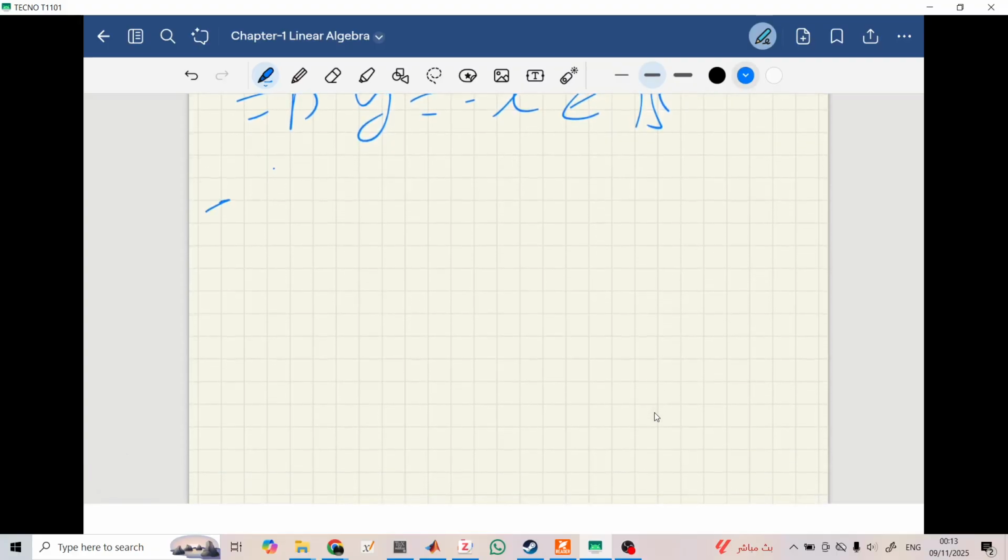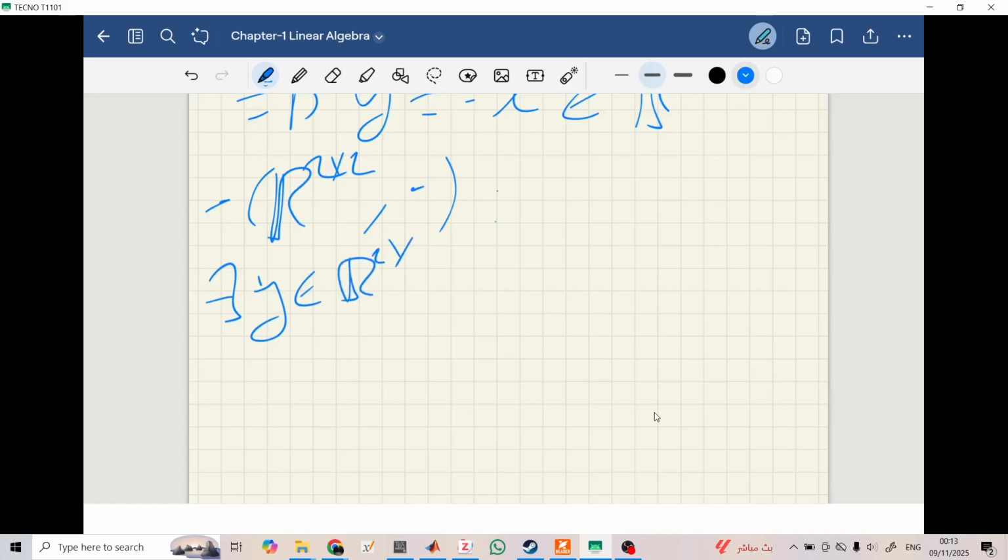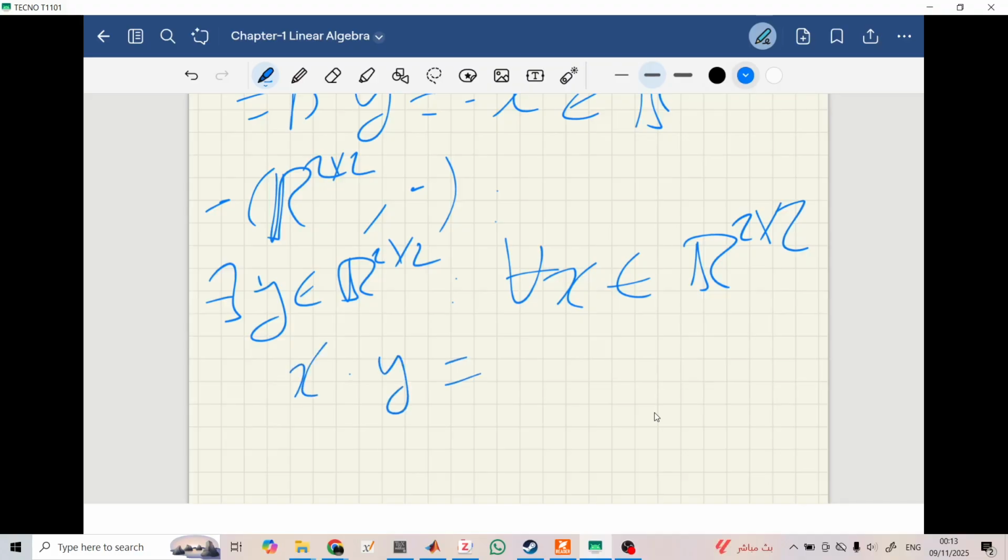What about the matrix multiplication? This should be like a dot. There exists y in R 2 by 2 such that for all x's in R 2 by 2 we have x dot y equals y dot x equals the neutral element.